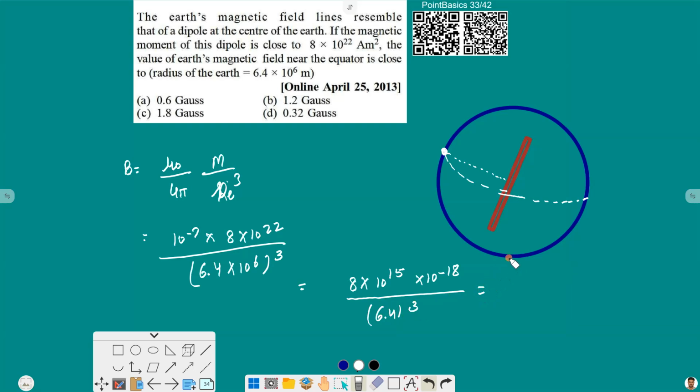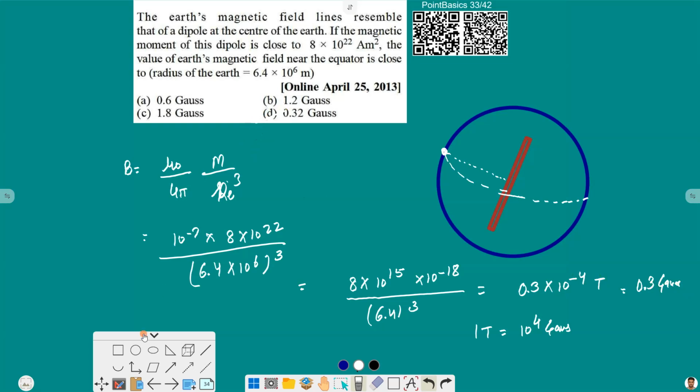Solving this, we get 0.3 into 10 raised to power minus 4 Tesla. And we know that 1 Tesla is equal to 10 raised to power 4 Gauss. So it will be 0.3 Gauss. That is option D for us.